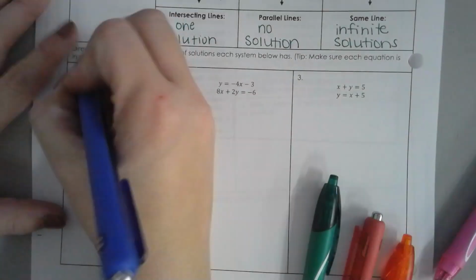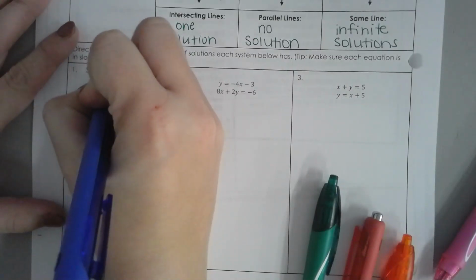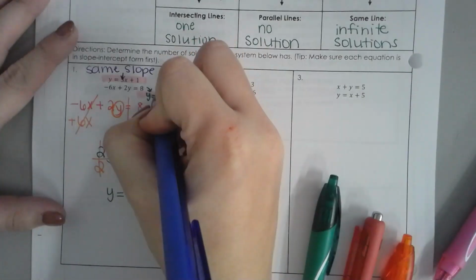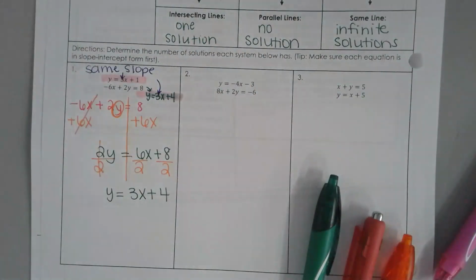Now, if the first one was 3x plus 1 and the second one was also 3x plus 1, that would be the same line. But here they have the same slope, so they are parallel. So no solution.